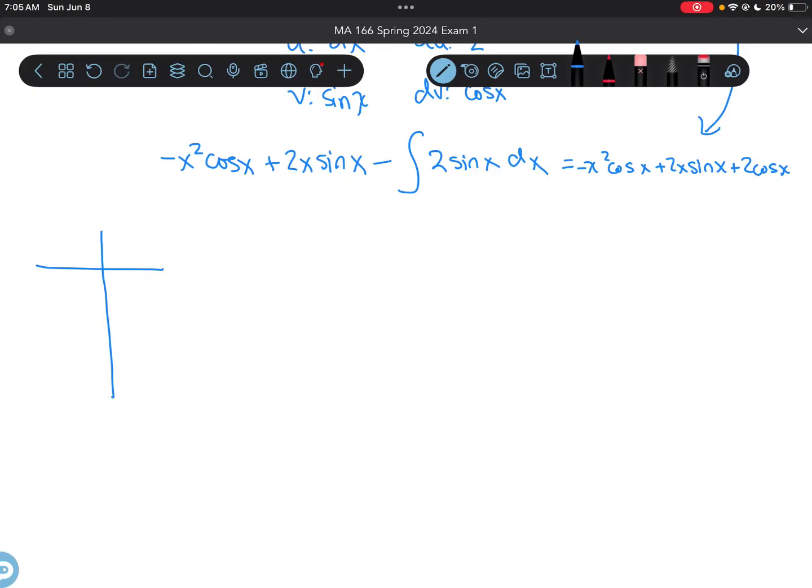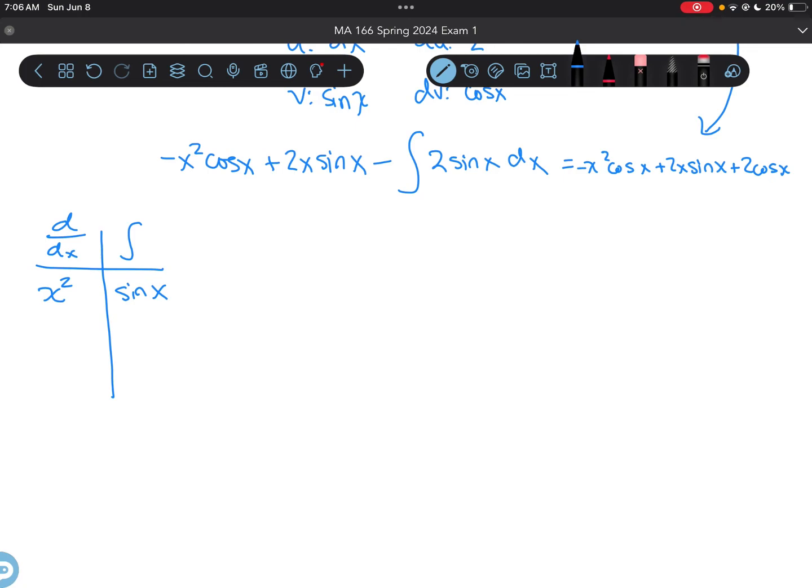So I'm going to draw a table, and I'm going to write d dx on one side, and then draw an integral on the other. So we start off with x squared times sine x, and you can use this method basically only when one part of your expression is a polynomial. So if you have a polynomial times another expression, that's a good indicator that it's possible to use tabular integration.